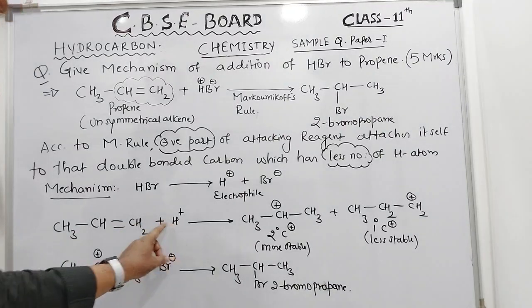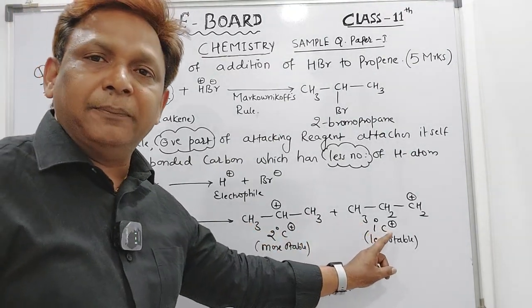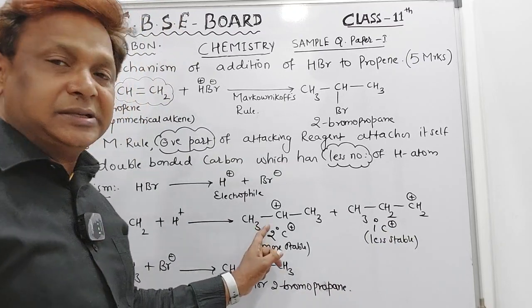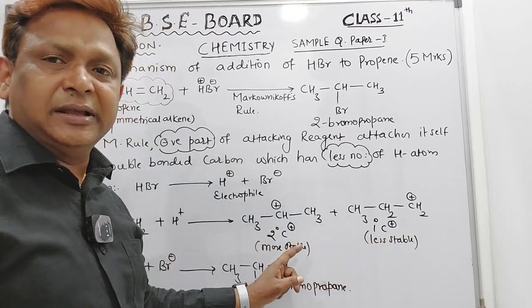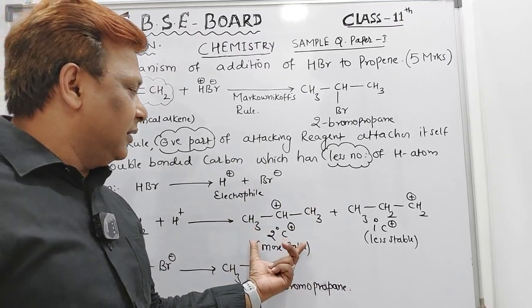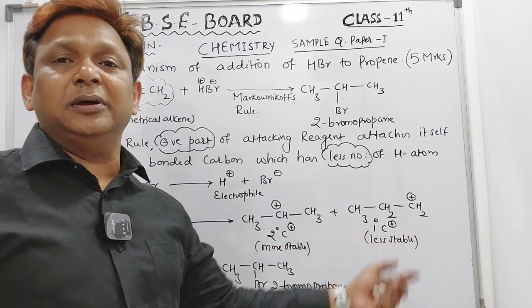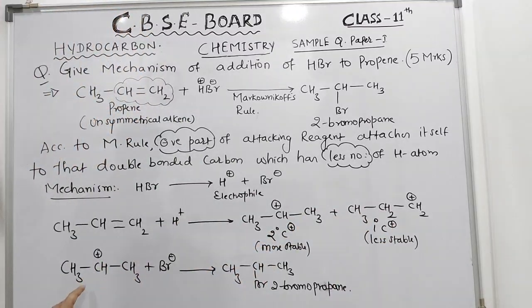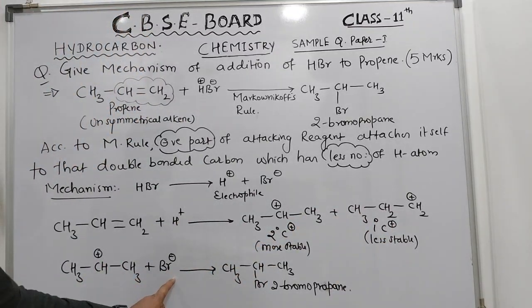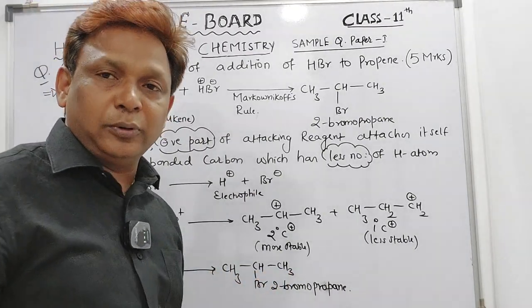H plus will attack the unsymmetrical alkene to form secondary carbocation and primary carbocation. Among the two, secondary is more stable, so it is obtained very fast, means its formation takes place easily compared to the primary. This secondary carbocation is now attacked by Br minus, and it forms 2-bromopropane.